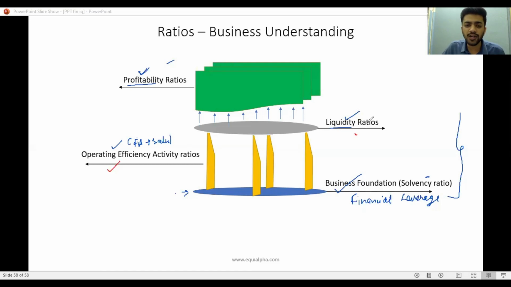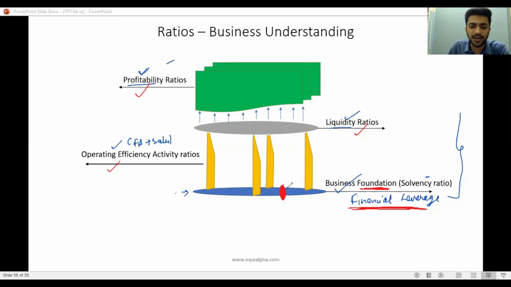Operating efficiency good, liquidity good, profitability good, but there was a problem in the foundation, that it was built on high financial leverage. Now that's a problem for me because we understood how it can kill a company. Any bad year that comes upon the company, for example, in the current year, the virus situation or any other down cycle or slowdown, this small crack gets bigger.